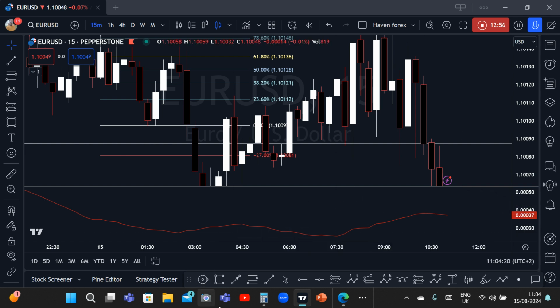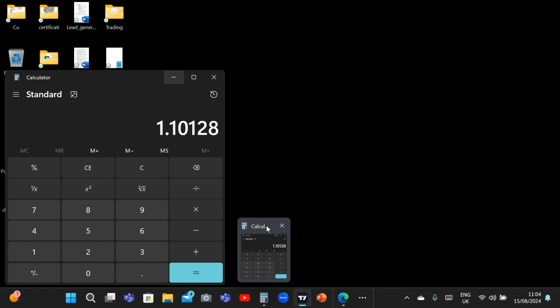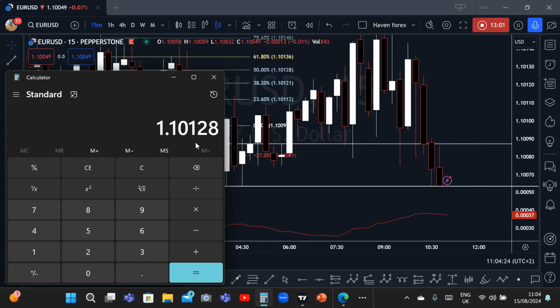All right, now that we have seen the ATR is 0.00037, bring out your calculator, because you are going short, you will now add it. 1.1000128 plus 0.00037.